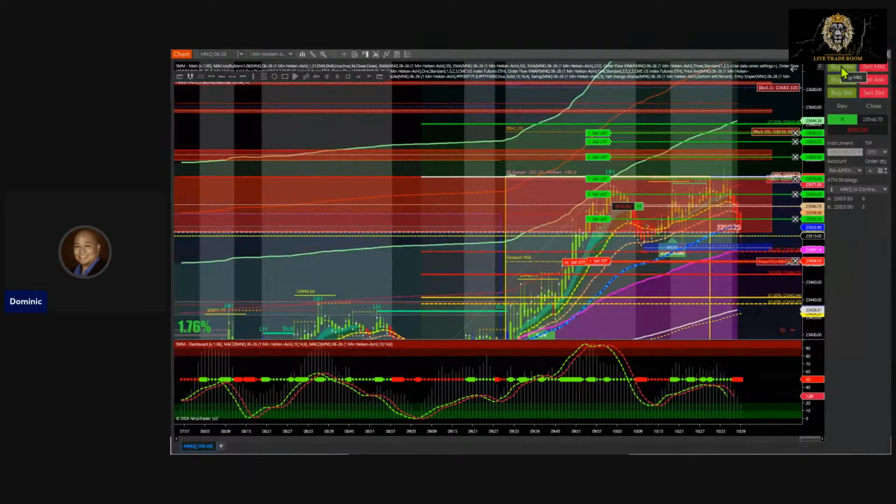I have 11 contracts on here. Not too many. Over leverage. There we go. Come on, push it up. I want them to fill this one right there.